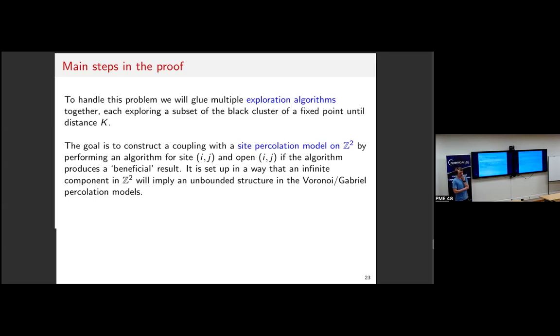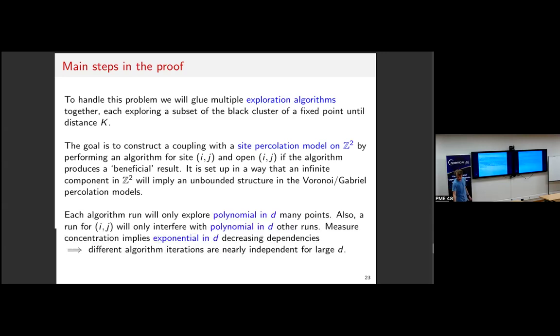But yeah, what these exploration algorithms should also not do is explore too many points. And why this is important is the following: if there would be too many points, then you can still have a lot of interference of different exploration algorithms that explore different areas.